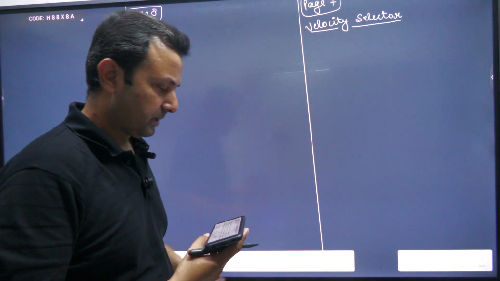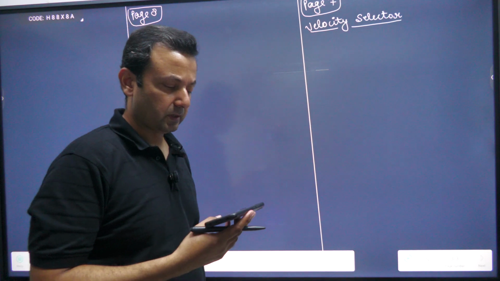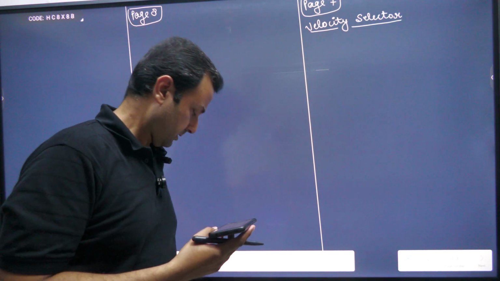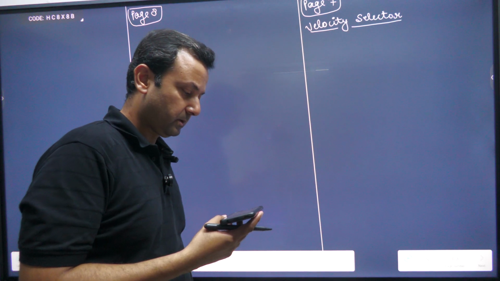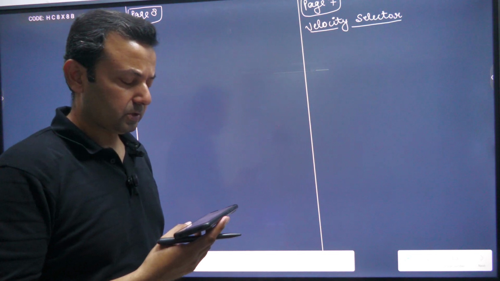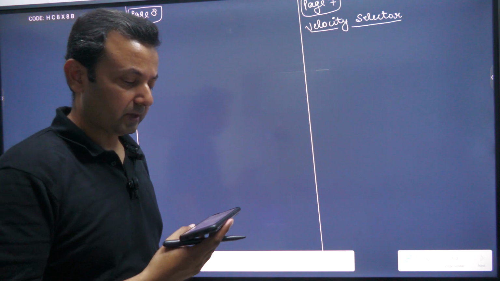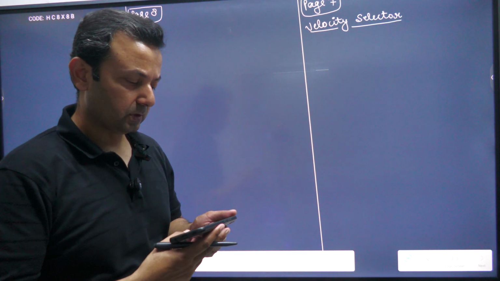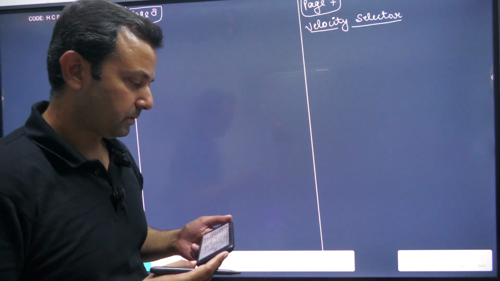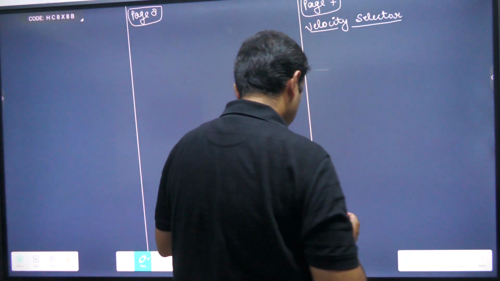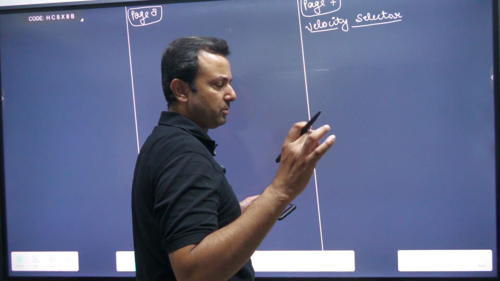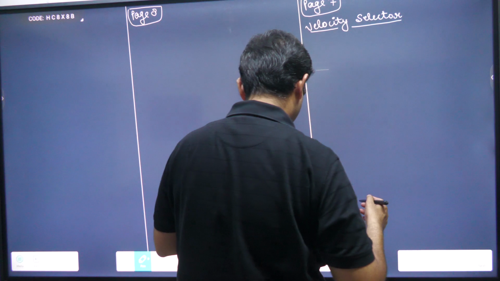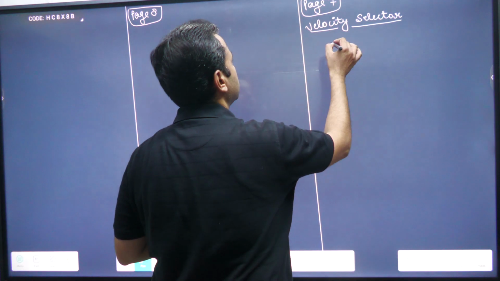Suppose a beam of charged particles, say electrons, possessing a range of speeds, passes through a slit S1 and then enters a region in which crossed perpendicular electric and magnetic fields exist. So suppose there is an electron beam and we have made a very small opening for the beam to pass through.